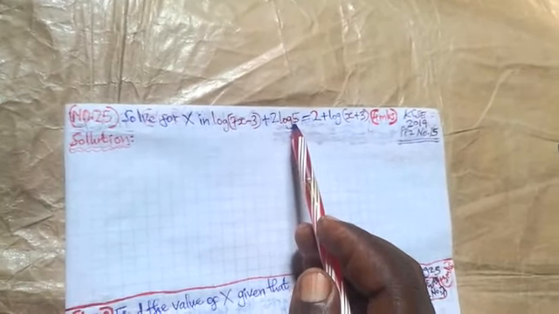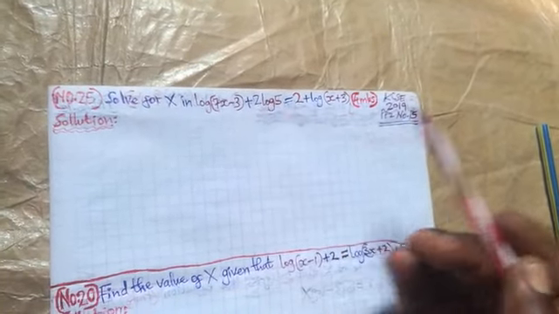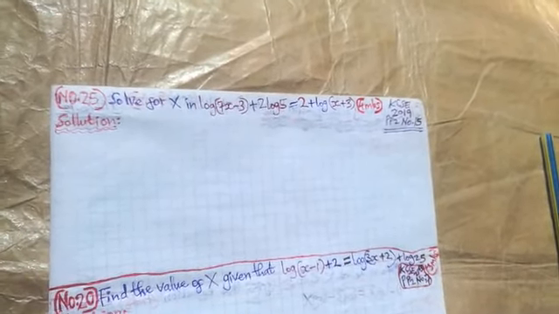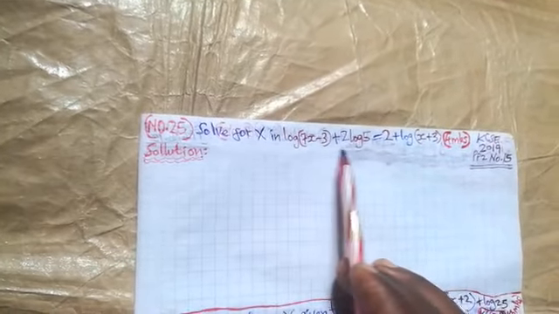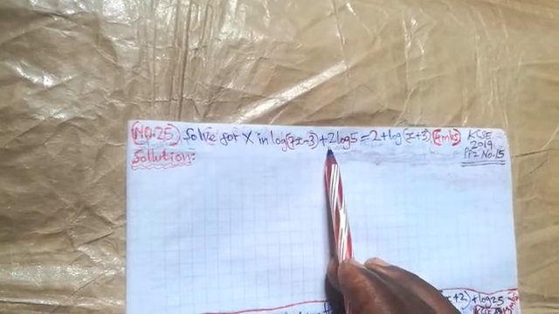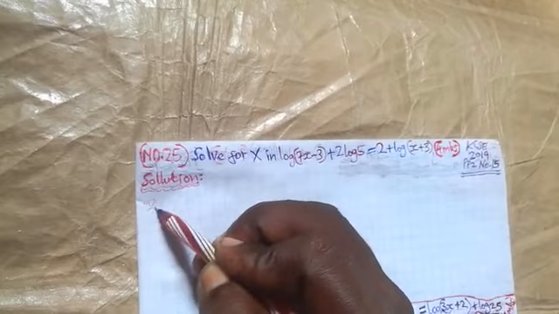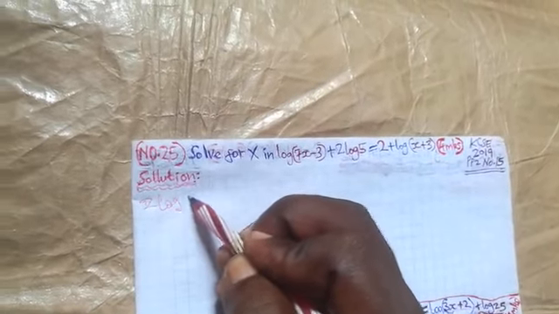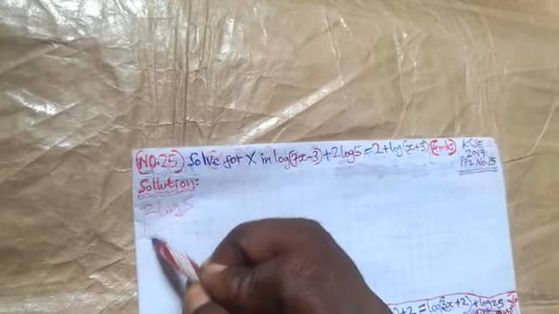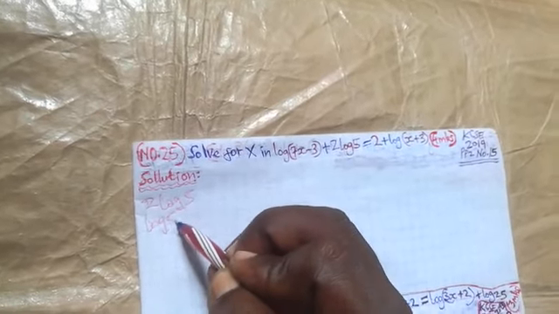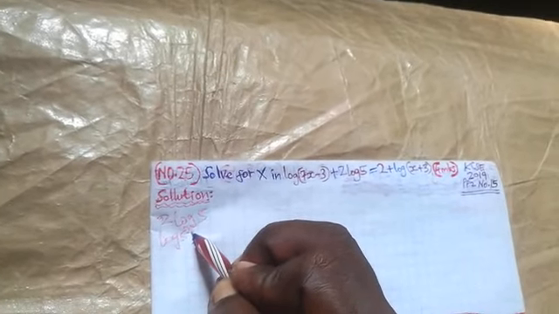Each term begins with log, but here it's 2 log 5. If we apply the power rule, this becomes log 5 power 2.